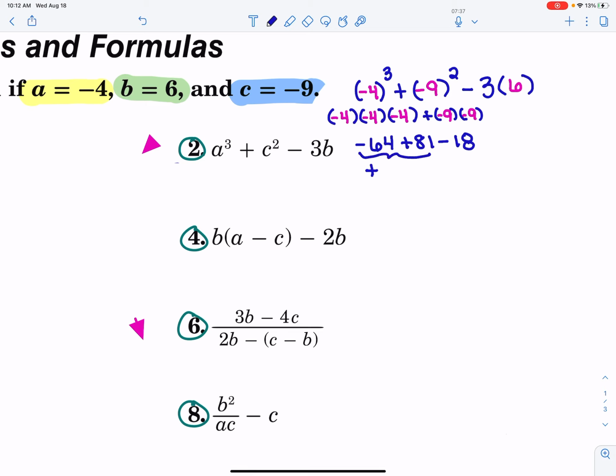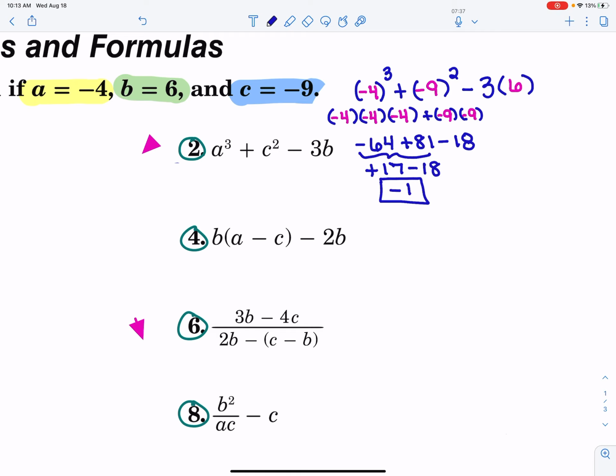And then we've just got to find the difference of 64 to 81, which is going to give us 17. Bring down that -18. 17 minus 18, or combining +17 and -18, my solution is -1, or my simplified value is -1.